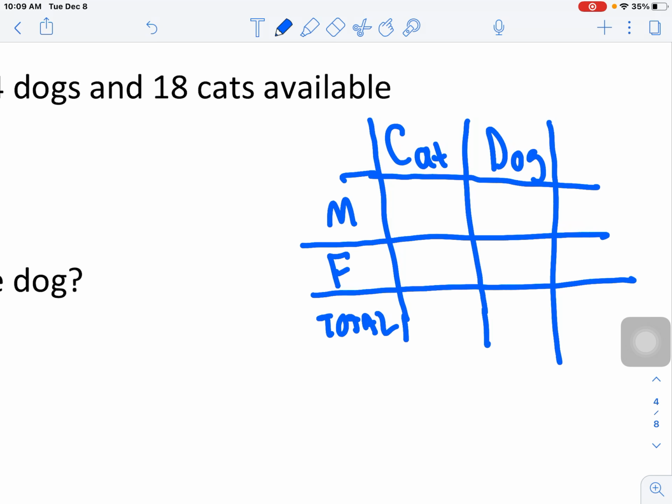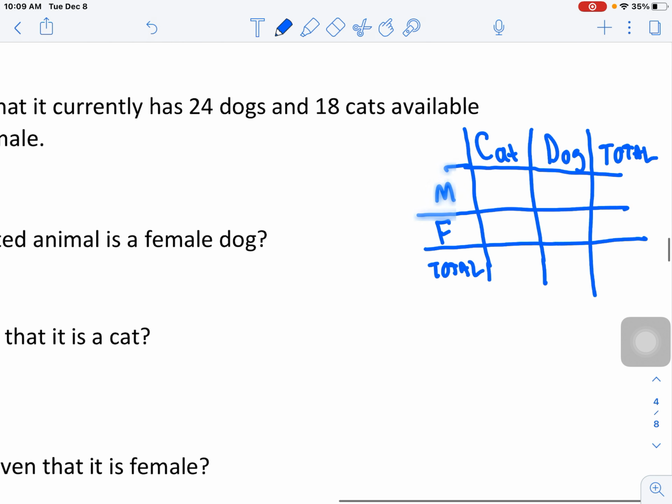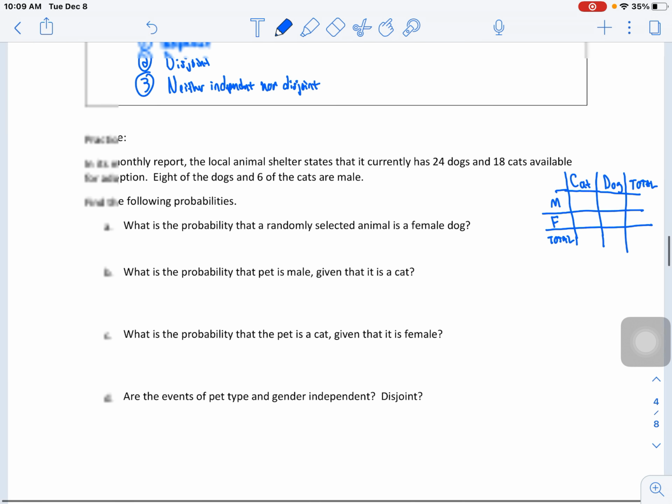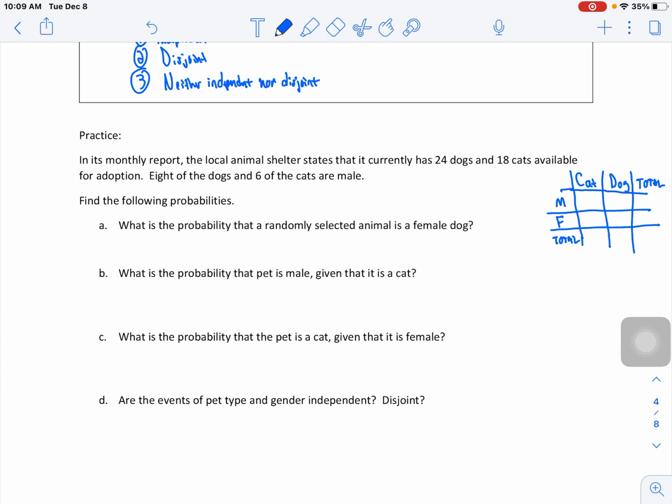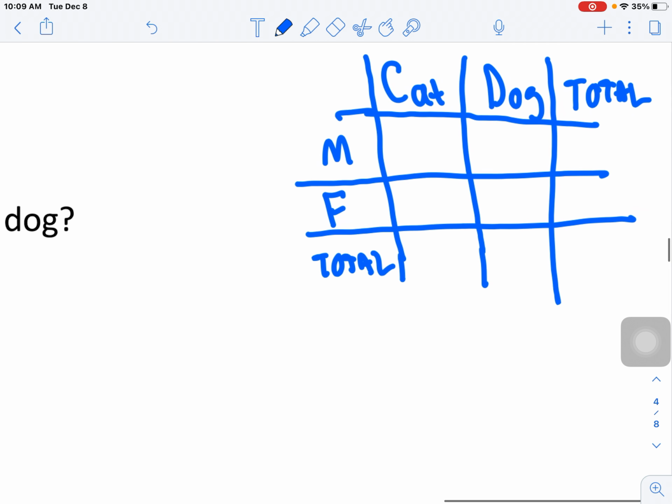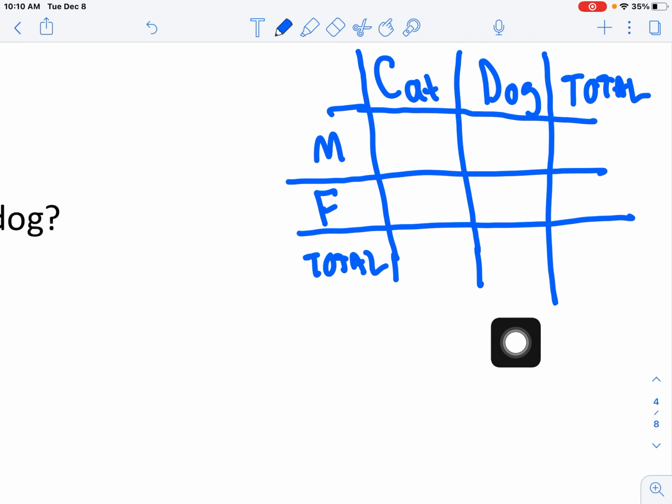And let's include the margins. We'll make this a marginal table. Okay, so we know that we currently have 24 dogs and 18 cats. So the total for dogs, 24, total cats, 18.